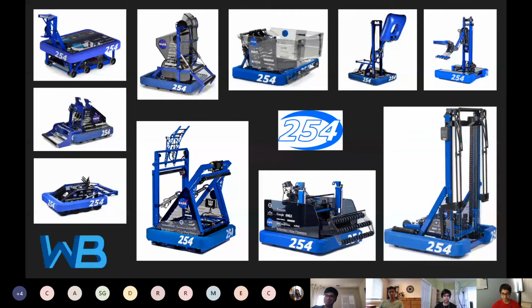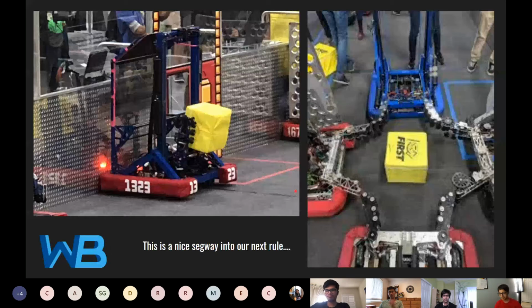So the basic idea here is a pretty actual design focused rule. For all of the previous game elements in FRC, which have mainly been foam balls, playground balls, and milk crates, roller wheels as opposed to clamps have generally been the best way to grab onto an object.